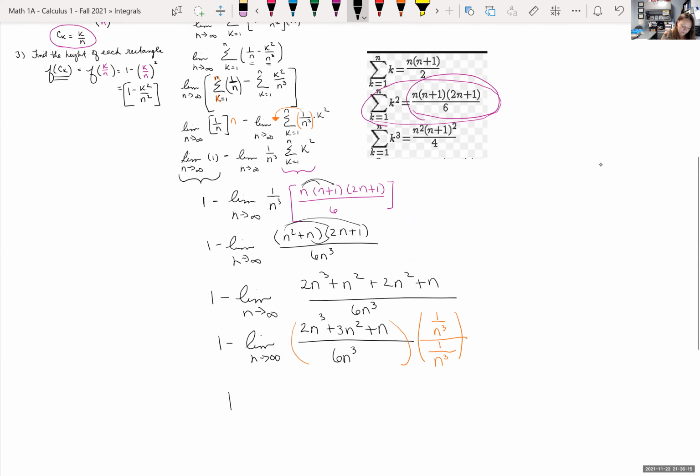So this would give me 1 minus the limit as n goes to infinity. So distributing, this gives me 2 plus 3 over n plus 1 over n squared, all over just 6.